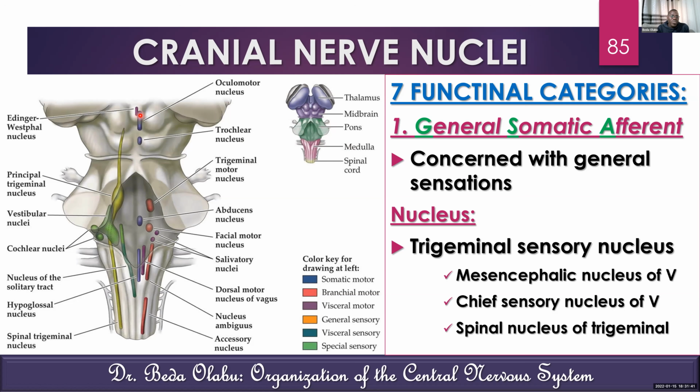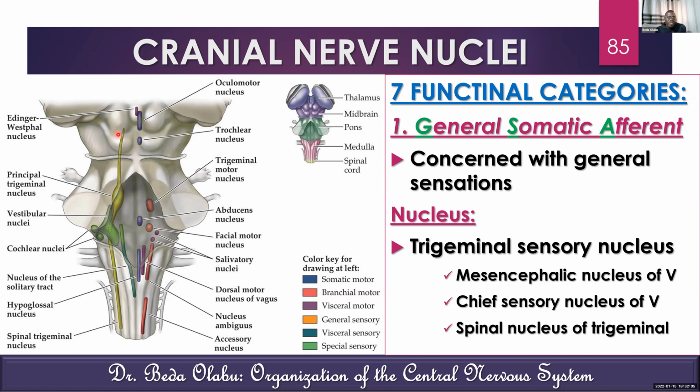This image shows you as many cranial nerve nuclei as we have in the brainstem, the nuclei that give rise to cranial nerves. And when you look at it, it might look discouraging, but let's just break it down slowly and you'll understand it's not a difficult thing. So the GSA nucleus is the sensory nucleus of trigeminal.